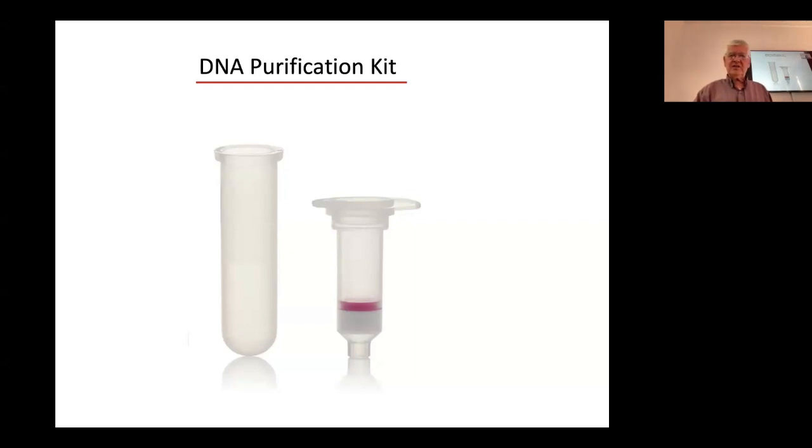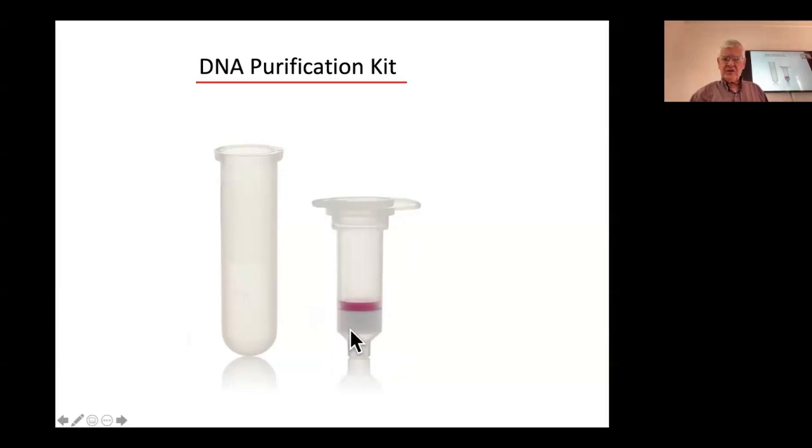So step one, you pour it into this little column, which you can buy. Everything nowadays is done with kits. Faculty, wow, we used to do all that by hand. Nowadays you can buy a kit for everything. This tiny little tube is about that big.